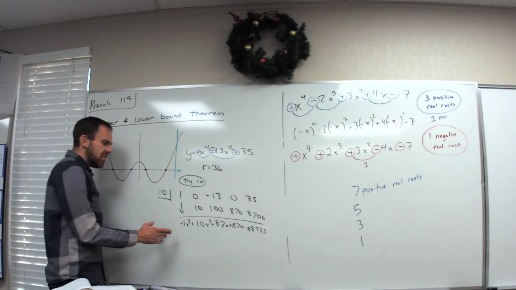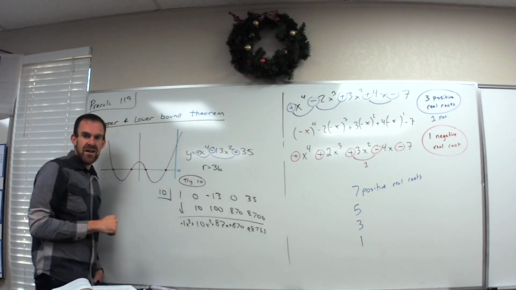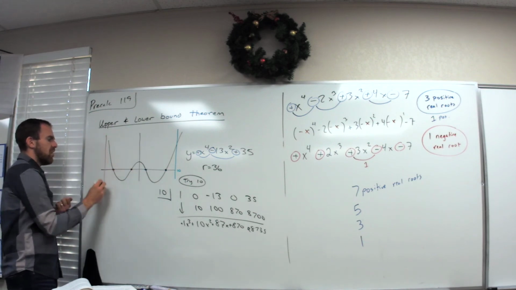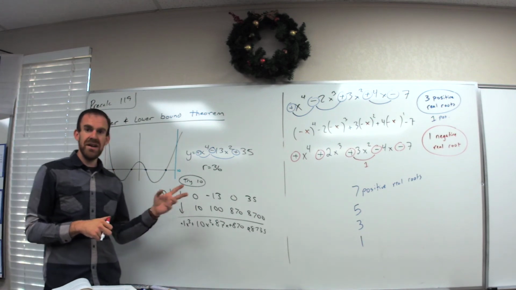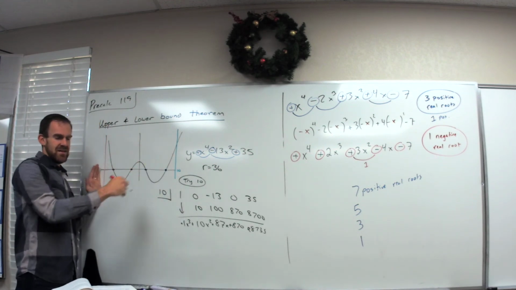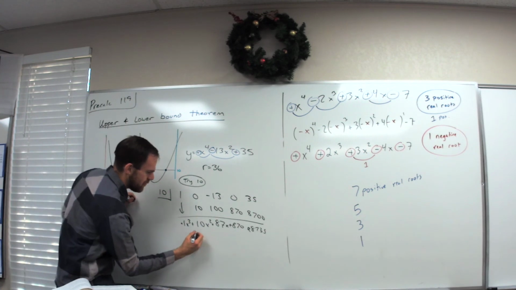So here, we want them all to be positive, and that says there's nothing to the right of that. But for our lower bound, we want all of them to be alternating because we want all of our roots to be above this.